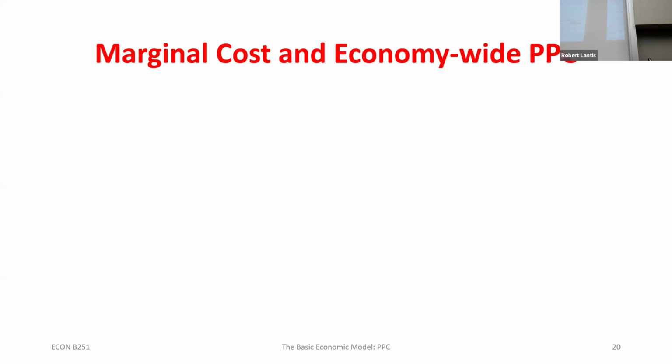We end up calling this, and we use it a lot this semester, the law of increasing marginal costs, right? As I want to produce more of something, I first use my most efficient resources on it, or I'm producing at the lowest cost. Well, over time, I have to start using less and less efficient resources, less and less efficient people at growing these agricultural products. So I have this increasing marginal cost.